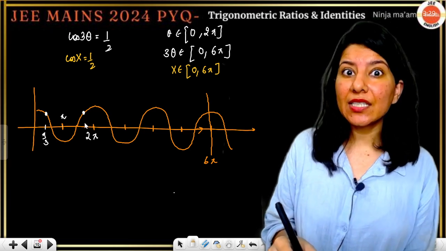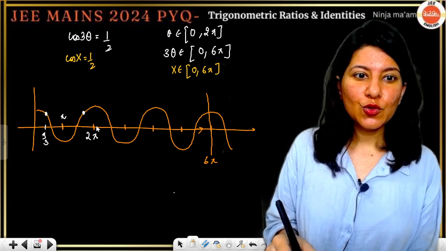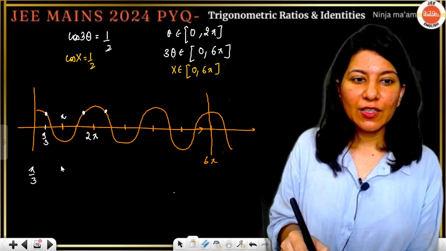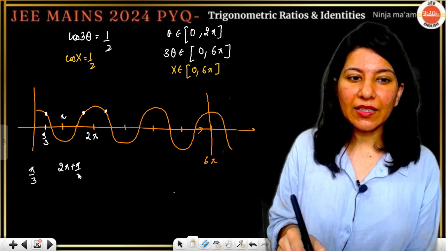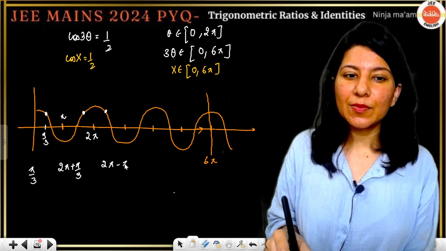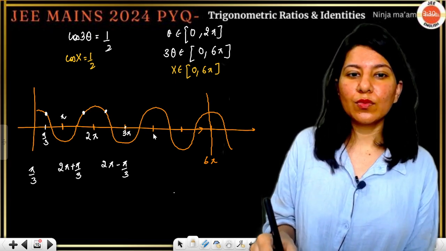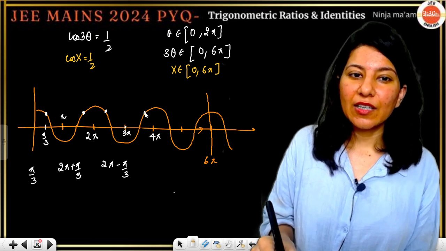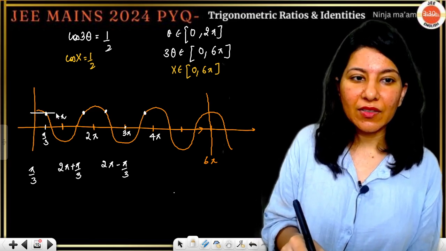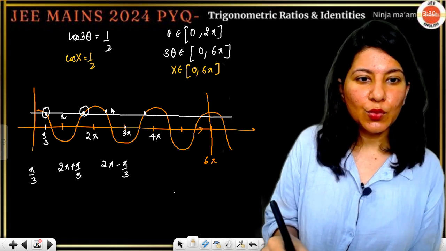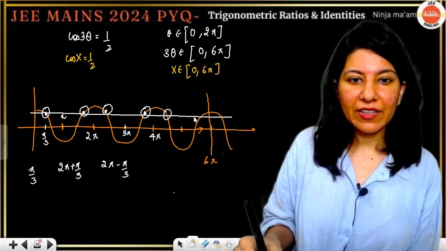Yes, 2 pi minus pi by 3, and 2 pi plus pi by 3. So pi by 3, then 2 pi minus pi by 3, and 2 pi plus pi by 3, correct? Then 4 pi, again half will be here. See, how many solutions will be there? Let me just tell you: 1, 2, 3, 4, 5, 6.